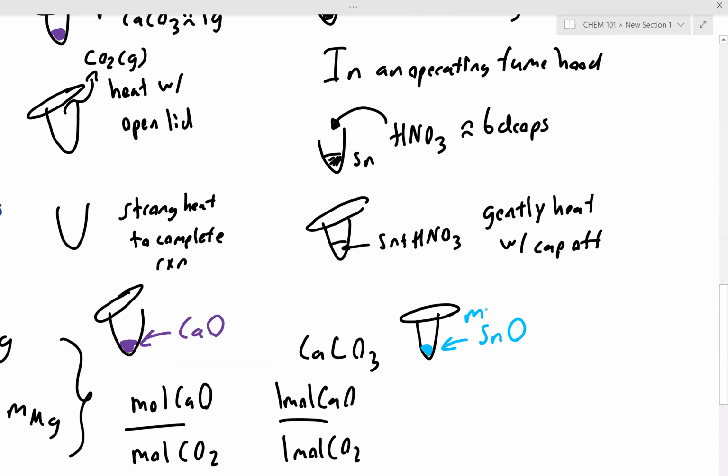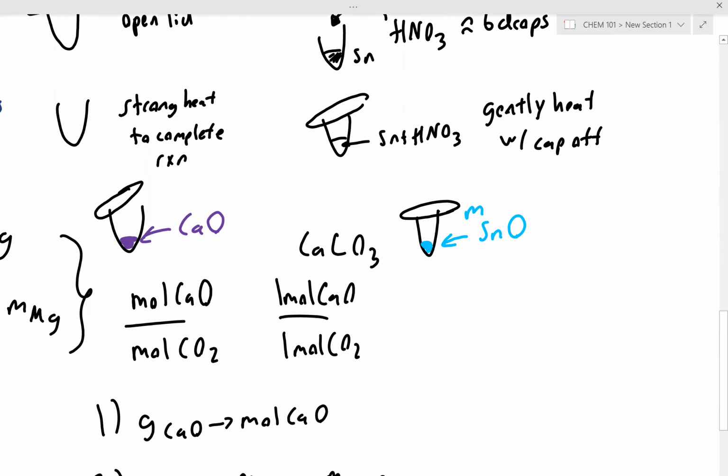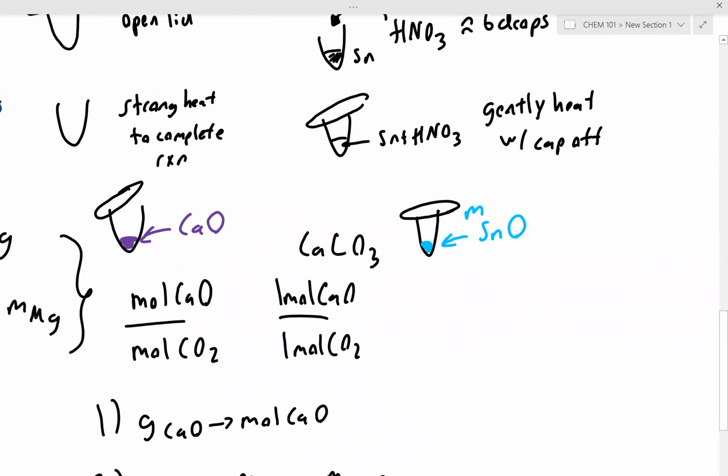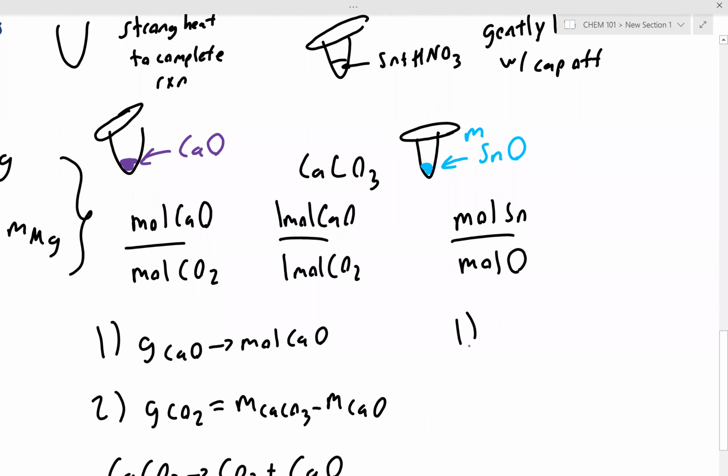So then, just like we did in our magnesium example, in order to figure out the empirical formula, we're going to need a mole ratio of the moles of tin per mole of oxygen. Okay? So to accomplish that, first and foremost, we're going to need to convert the grams of tin into the moles of tin. And we can do that, right?